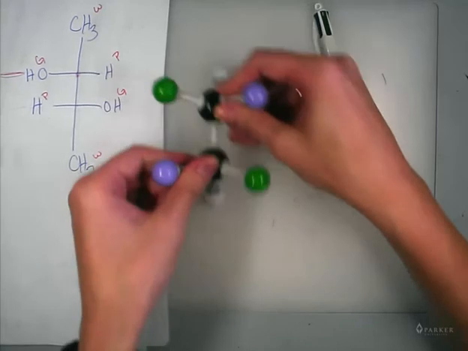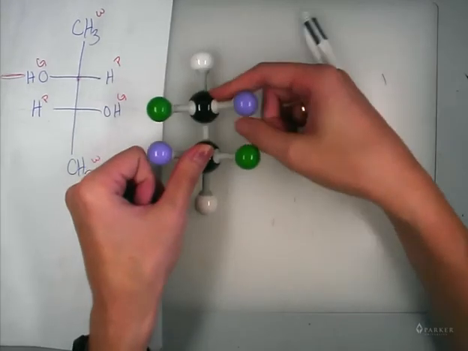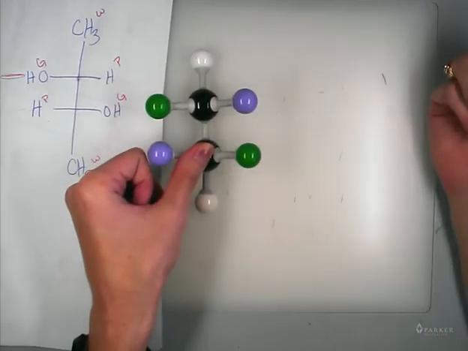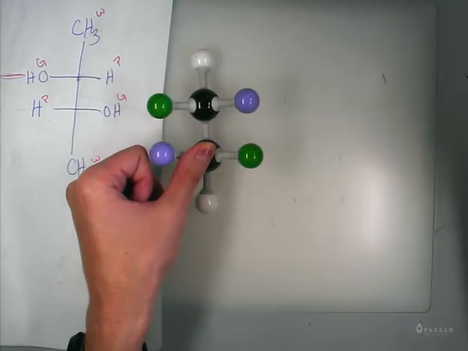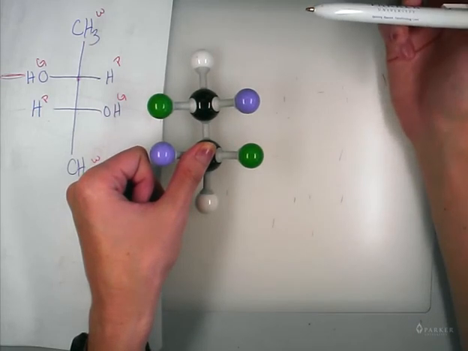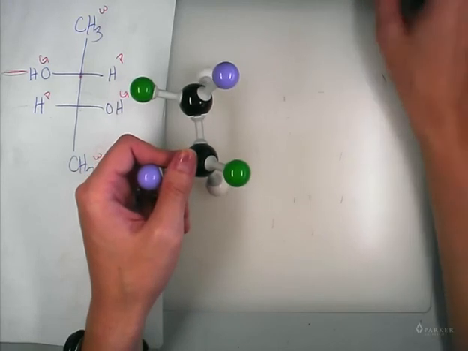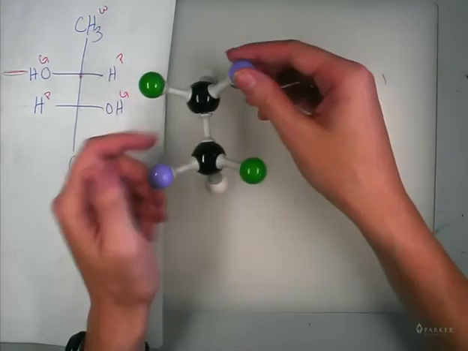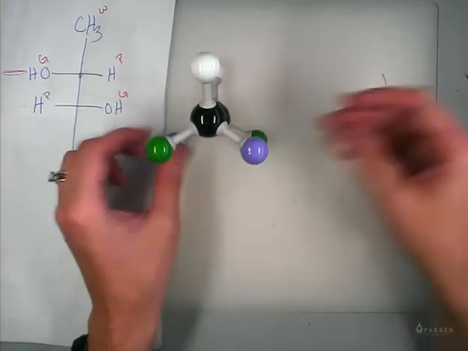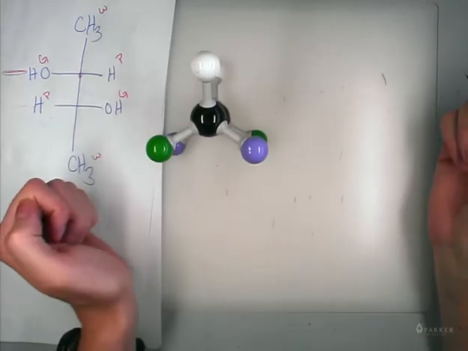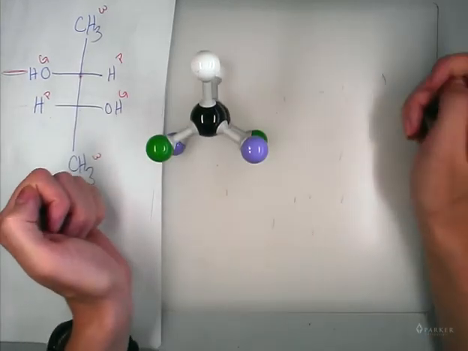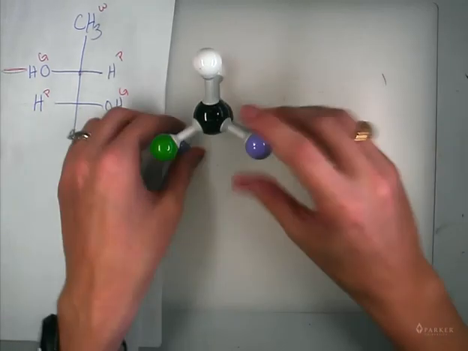Okay, and if I flatten this like that, can you see that it looks just like the Fischer projection, right? Now the Newman projection looks like that, right? Remember we did the Newman projection? So that's the difference.